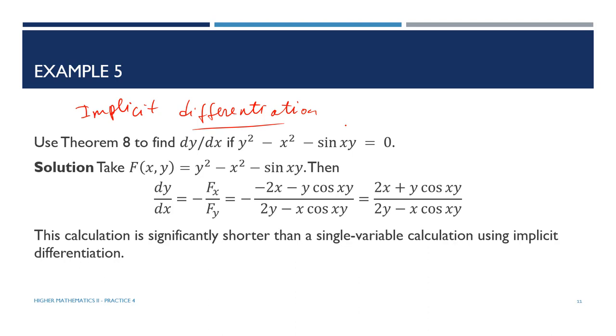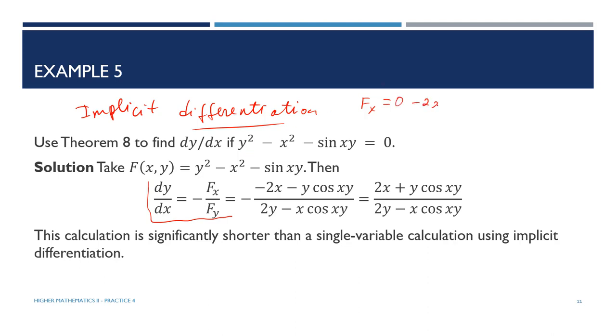And according to the formula given in that part, dy/dx equals negative partial derivative of the given function with respect to x over partial derivative of the given function with respect to y. So fx, how to calculate fx? Partial derivative of the given function with respect to x.